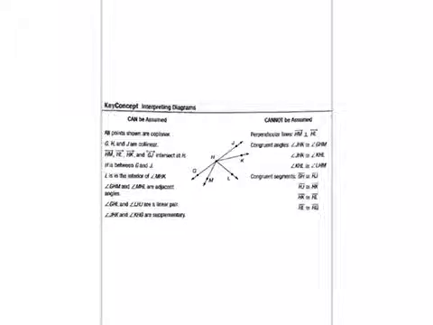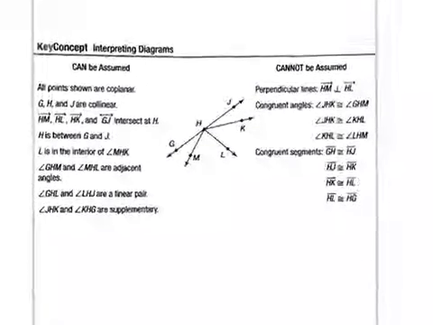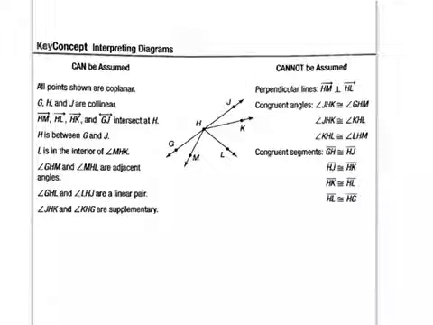And then this is just a good slide to look at about things that you can assume and cannot assume. So again, referring back to lesson 1.4, one of the things I said was you cannot trust pictures, you can only trust information. So, for example, it says here they're perpendicular, HM and HL.